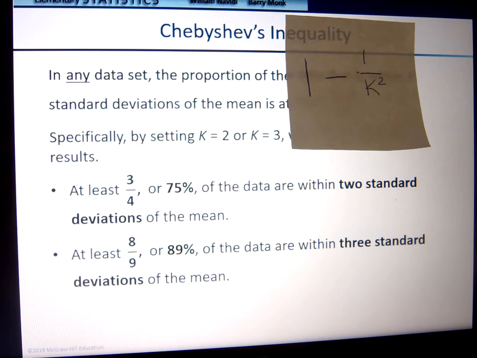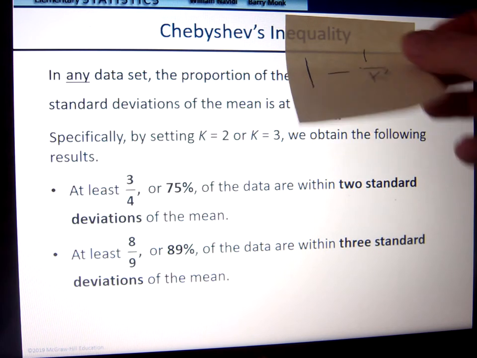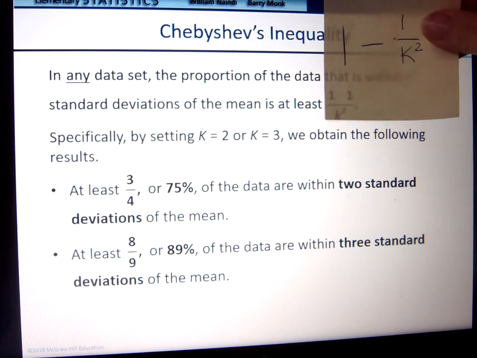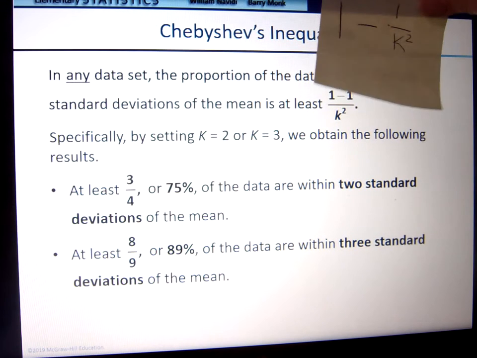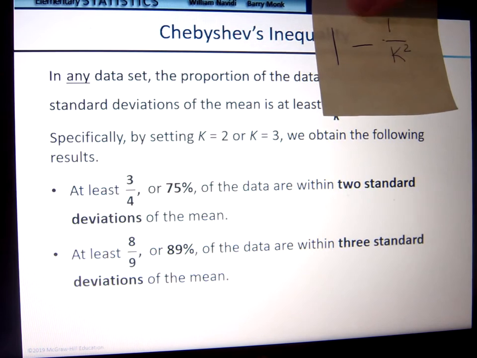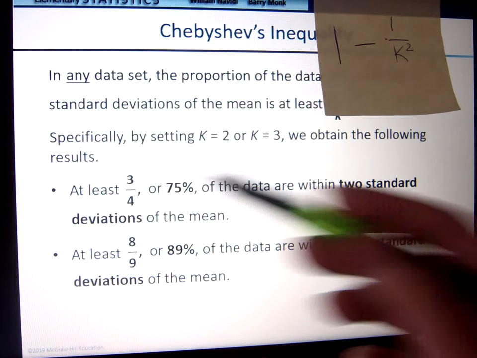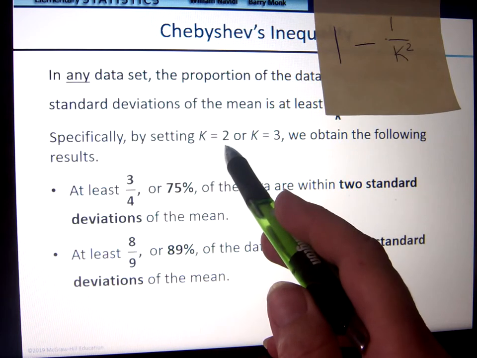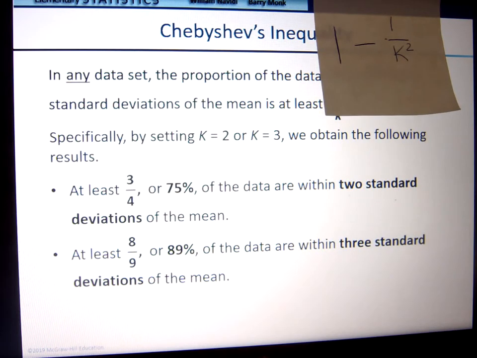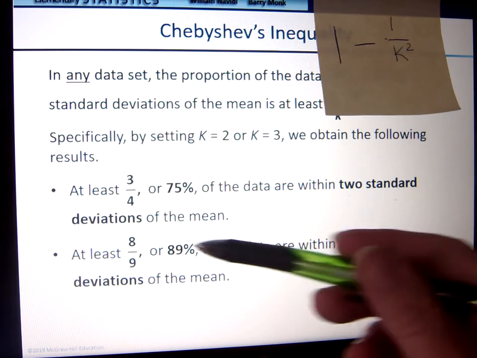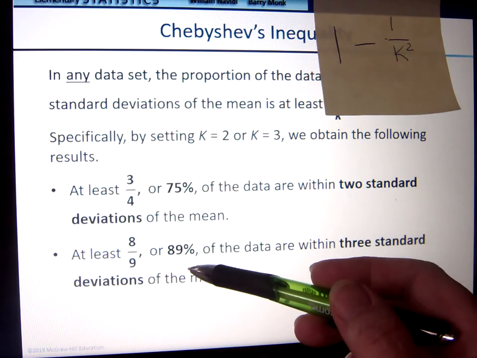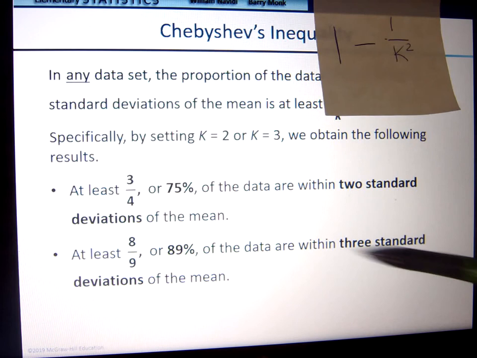Now, if we take a look specifically by setting k equals 2 or k equals 3, then we're going to find that we have 3/4 or 75% within 2 standard deviations of the mean. Or you have 8 over 9, which is 89% of the data within 3 standard deviations of the mean.